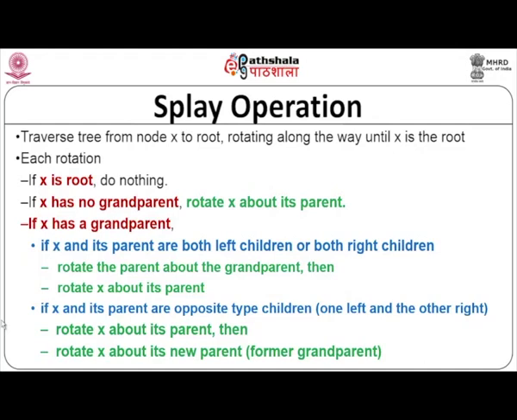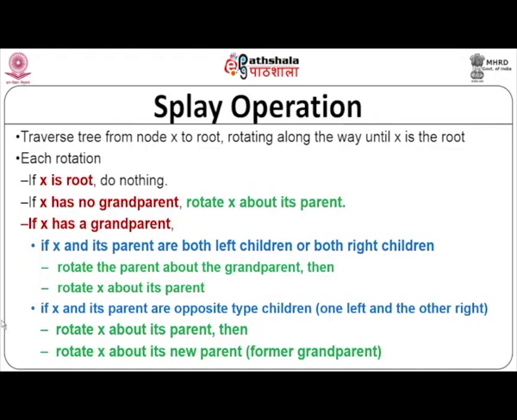Now, if x has a grandparent, we are talking about two-level rotations. If x and its parent are both left children or both right children, that is a zig-zig or a zag-zag operation, then rotate the parent about the grandparent first and then rotate x about its parent.